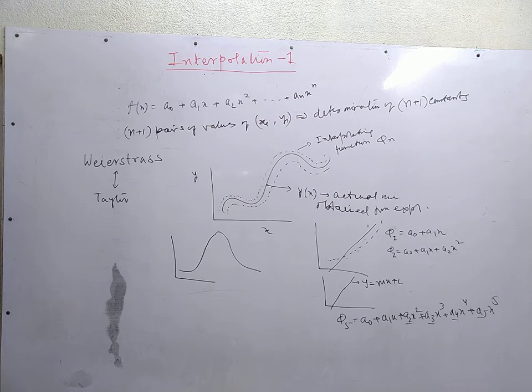We shall discuss two polynomial interpolation formulas as prescribed in the syllabus. One is Newton's forward formula, and the other one is Lagrange's interpolation formula. Say we are provided with n+1 sets of data, and the data supplied may be equispaced.